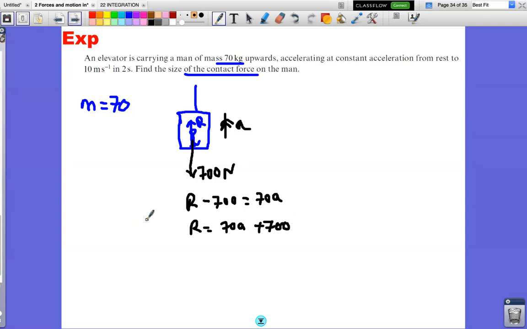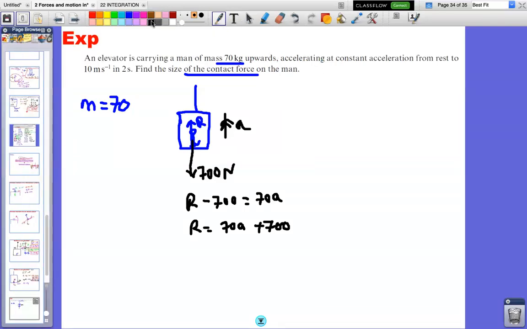But we do not know A. So we have to find A from what the problem gives us. We are told that it accelerates from rest. U is 0. It goes to V equal 10, and the time T is 2. We are looking for acceleration A.